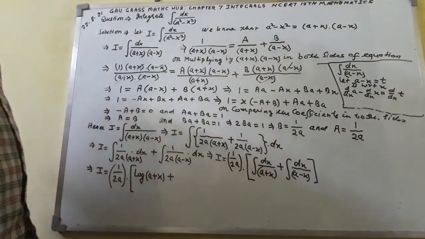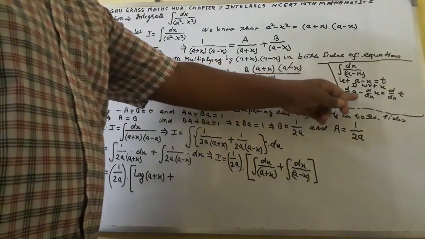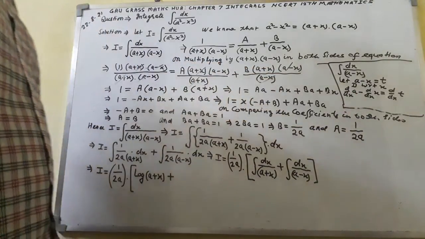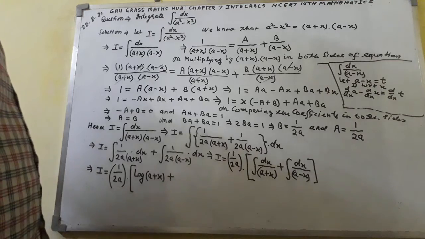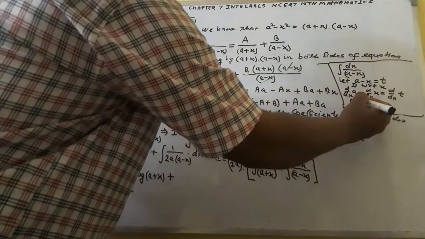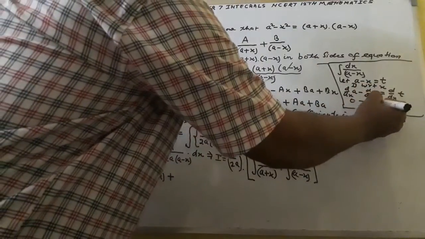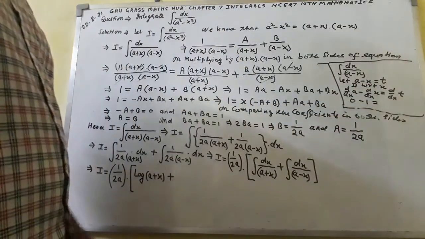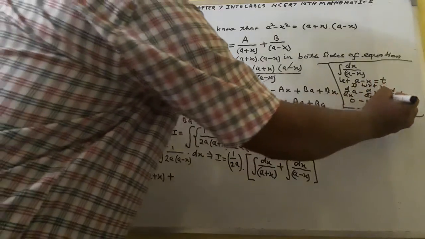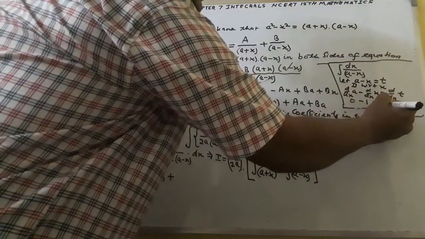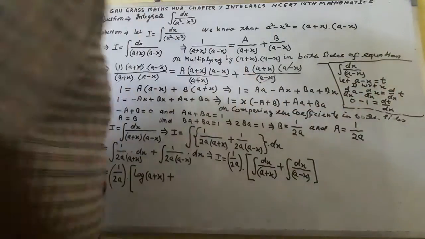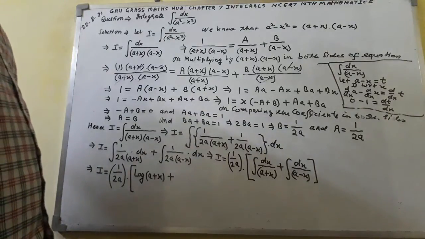Here d over dx of a is a constant, the derivative of a constant comes out to be 0, minus d over dx of x comes out to be 1, equal to dt over dx.